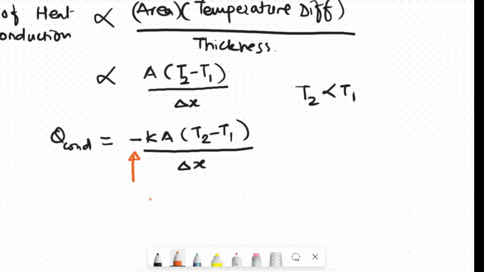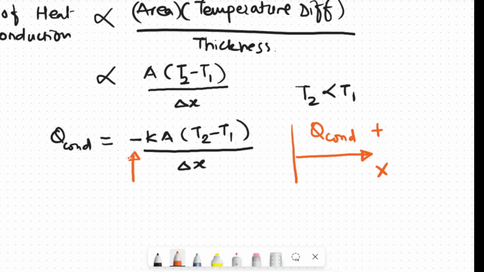This negative sign is very important because if we don't add the negative sign, I'll get the heat conduction in the positive x direction as negative. The heat conduction in the positive x direction should be positive. So that's why the negative sign is added, so that we get the heat conduction in positive x direction as positive.